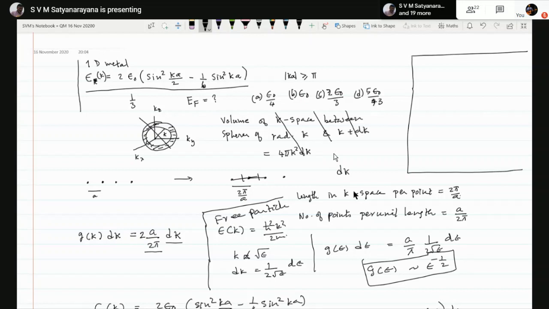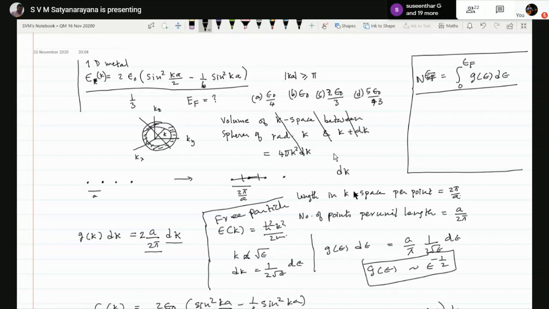But if you can integrate this, see, normally your Fermi energy is defined as, basically your total number of particles N should be equal to integral 0 to epsilon F of g of epsilon d epsilon. This is how we can define Fermi energy.